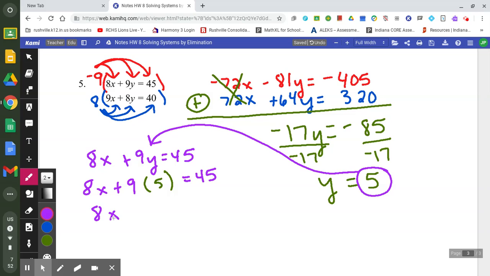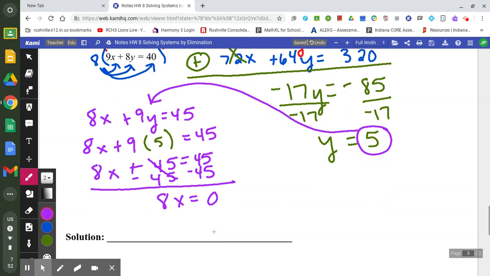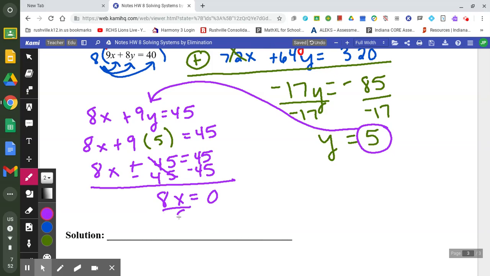So 8x plus 45 equals 45. Minus 45 on both sides of the equal sign. 8x. And 45 minus 45 is 0. Divide each side by 8. X equals 0. So my ordered pair, the x value first, then the y value, so 0, 5.